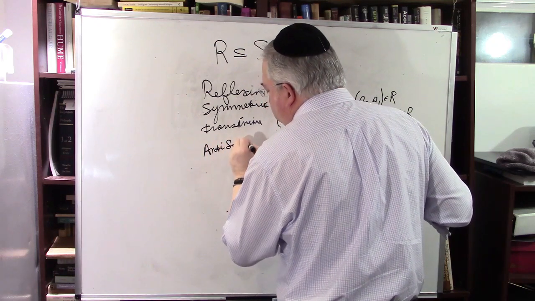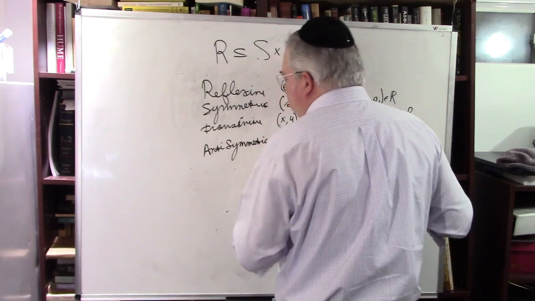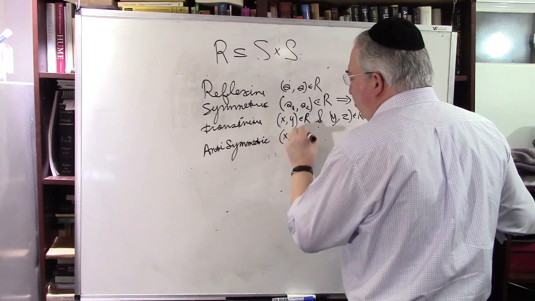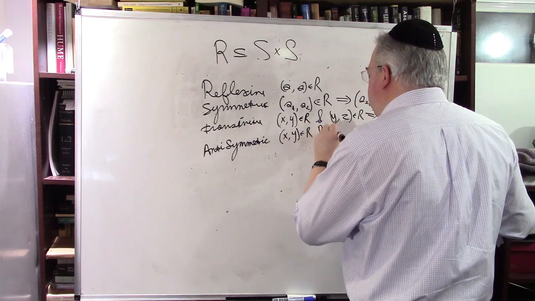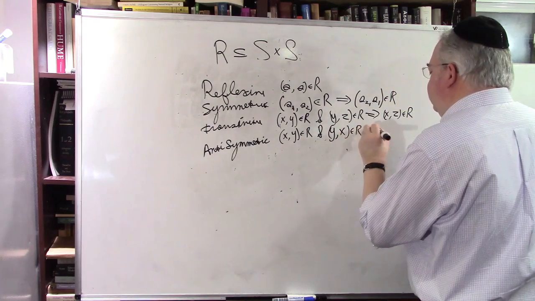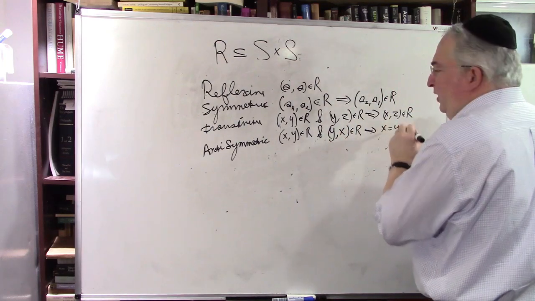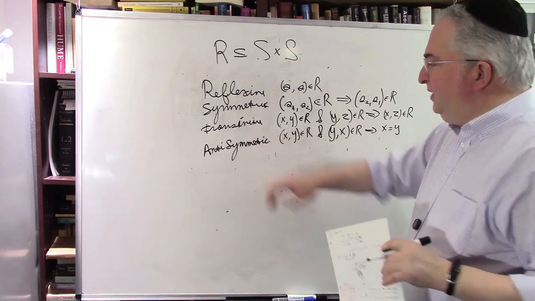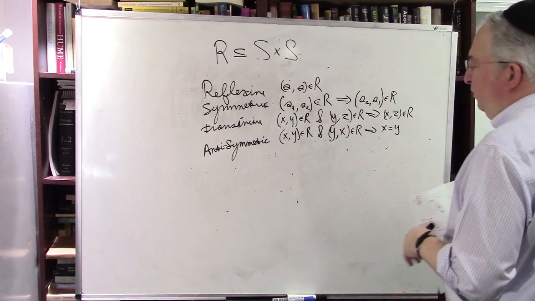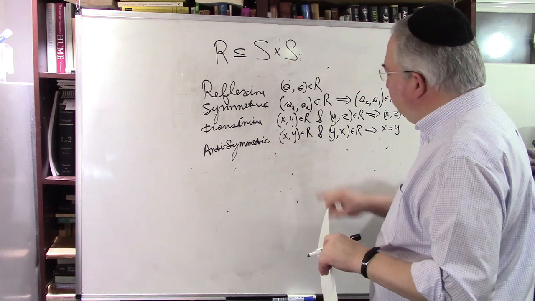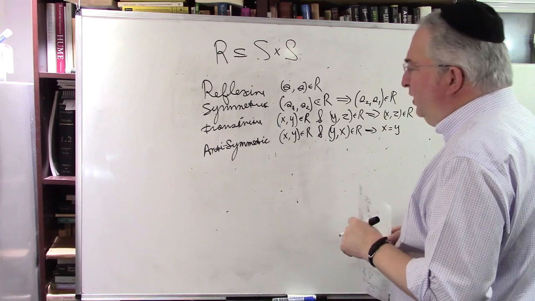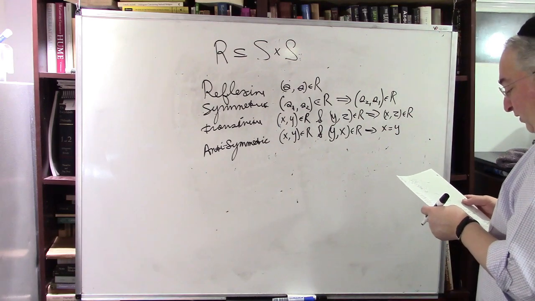Basically that says if X comma Y is a member of R and Y comma X is a member of R, that implies that X equals Y. Okay, it's a bad name. Antisymmetric is a bad name, but what it says is if one thing is related to the other and the other is related to it, then the only way that can be is if they're equal. We'll see an example of this in a second.